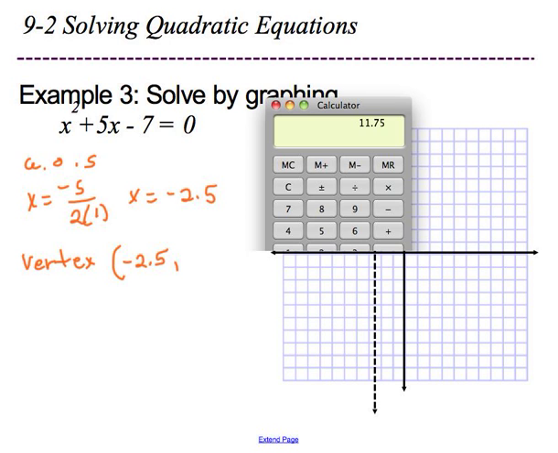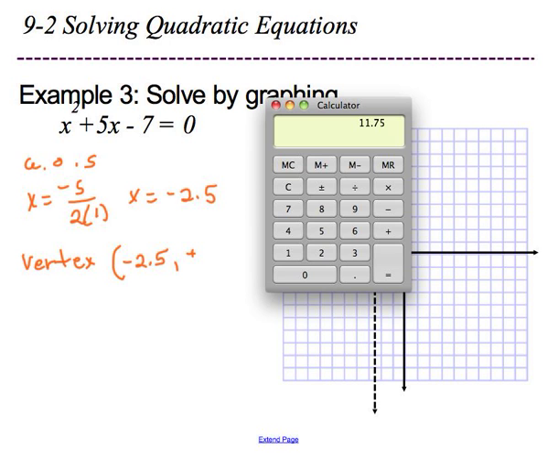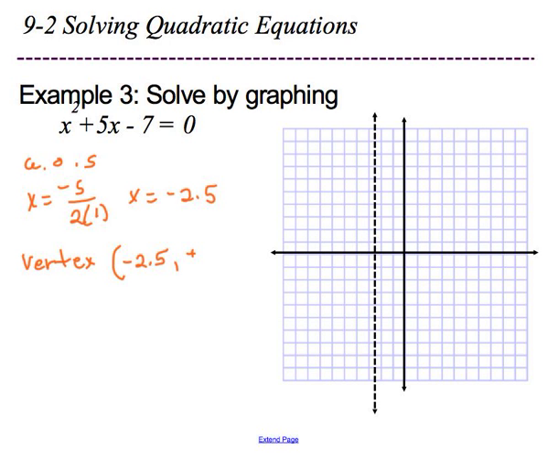And the vertex is negative, actually it was positive, wasn't it? 11.75. Yeah. So at x = -2.5, we go up about 11.75. Okay, nice big point. Nice job.